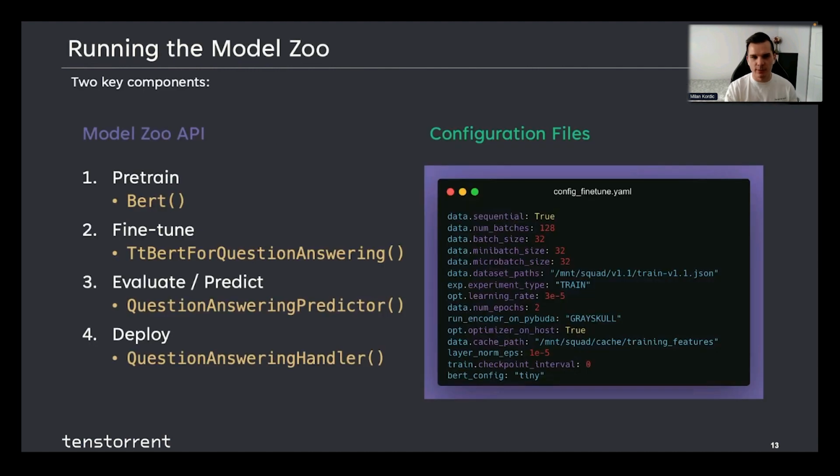And one final slide, I promise this is the last one, some keynote for running the Model Zoo. What you'll see when I go through it is there are 2 main components. There's the Model Zoo API, which we're going to see in a minute. And so for these 4 tasks, you have a little bit more involved. You'll see the code, but you have essentially these classes that were created that are wrappers around the code that you need in order to run these models on the hardware.